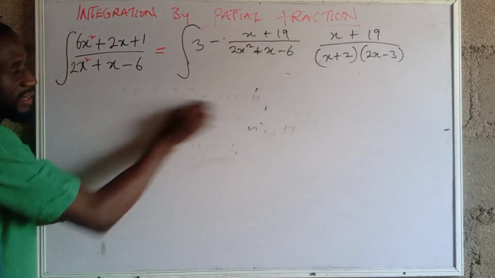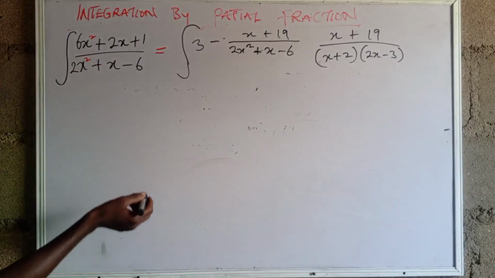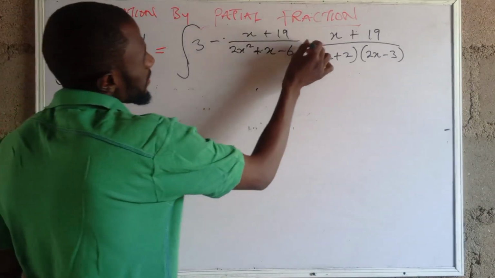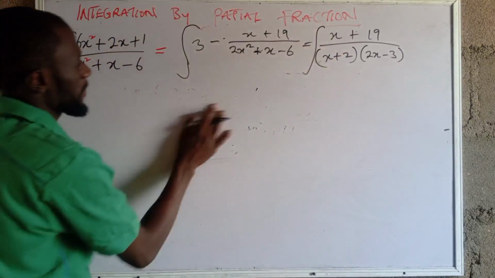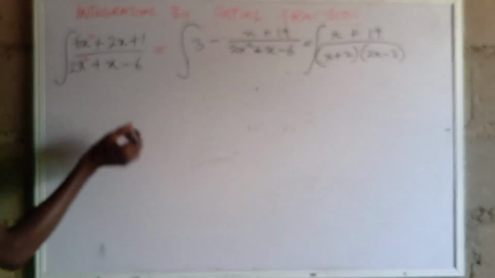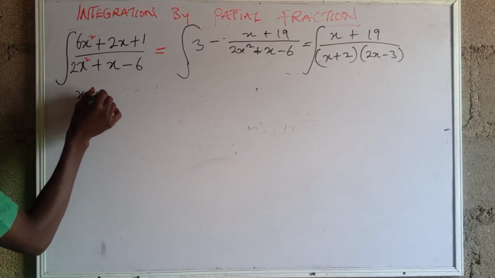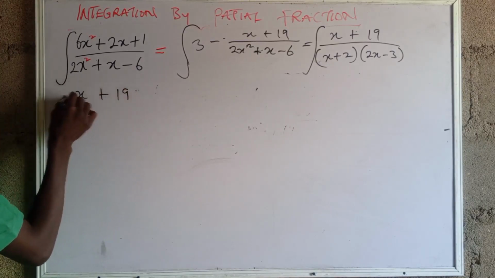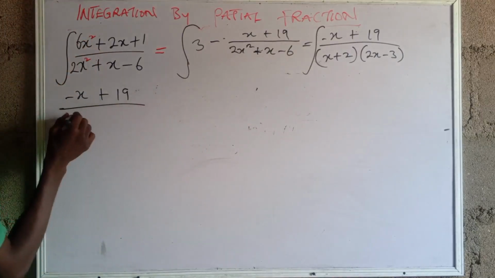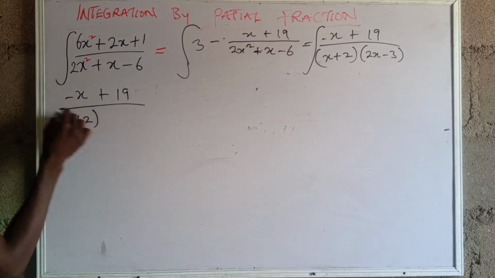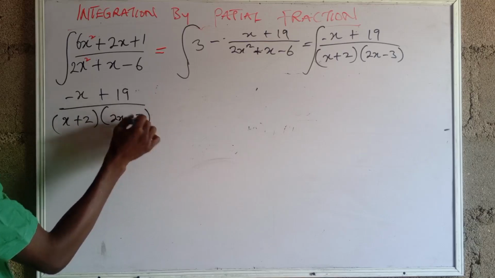Then the next thing to do here, you can have something like this. You can resolve into partial fractions where you can have minus x plus 19 all over x plus 2 into 2x minus 3.